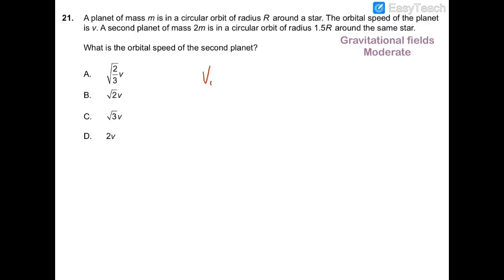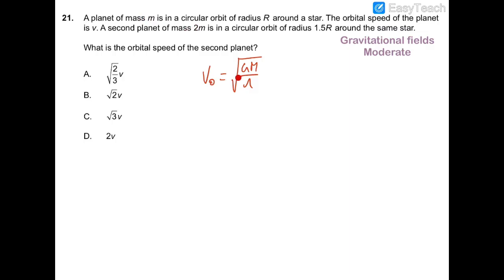We know that orbital speed is under root of GM by r, where r is the radius of orbit and M is the mass of the star around which this planet is revolving. So in this question, the initial planet has a mass of m and the second planet has a mass of 2m, but orbital velocity does not depend on the mass of the planet, so it would not alter due to the change in mass.